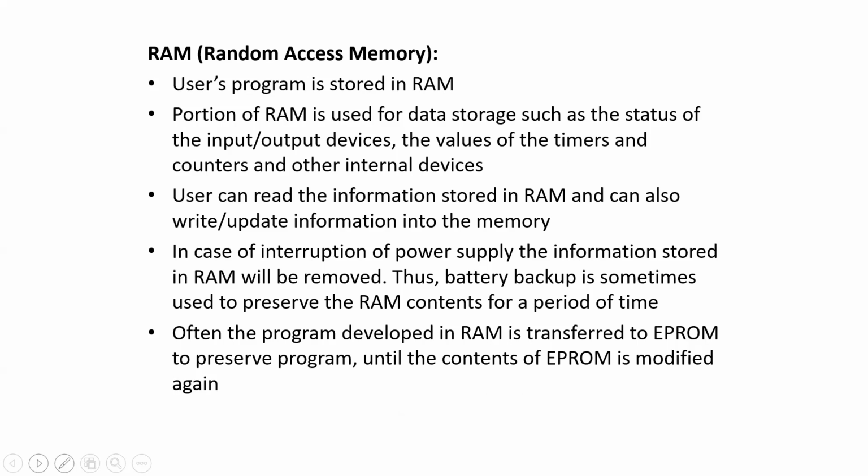For example, a portion is allocated to store the instructions of the program only, some portion is allocated to store the different data, and some memory locations are separated for timing operations or counting operations. So the random access memory is divided into several segments.